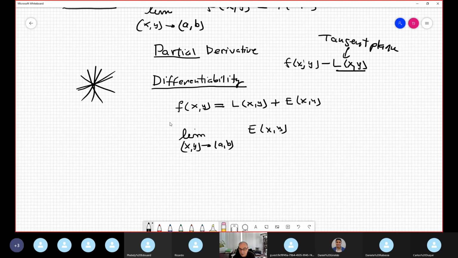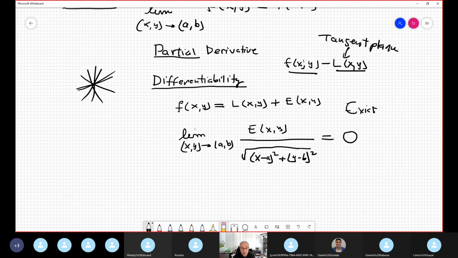You find the tangent plane, you have the function, subtraction, this is the error expression, divided by the distance, which is the square root of x minus a squared, for any point relative to the specific point, plus y minus b squared. See, when you compute this limit, the answer exists. The limit exists, and it's equal to 0. Wow! Then the function is differentiable.